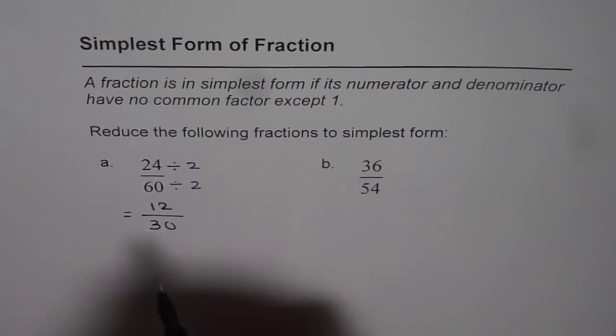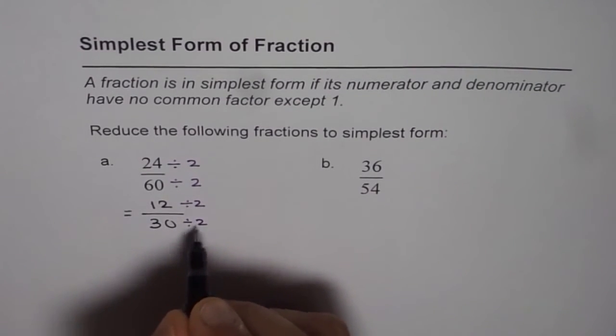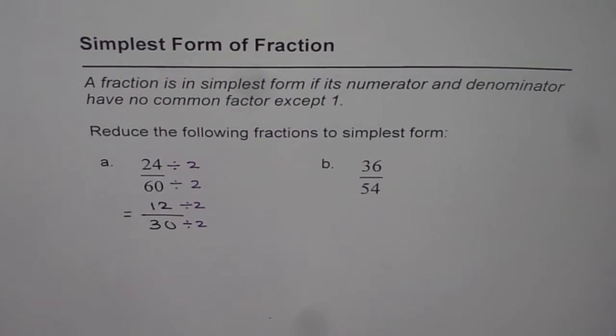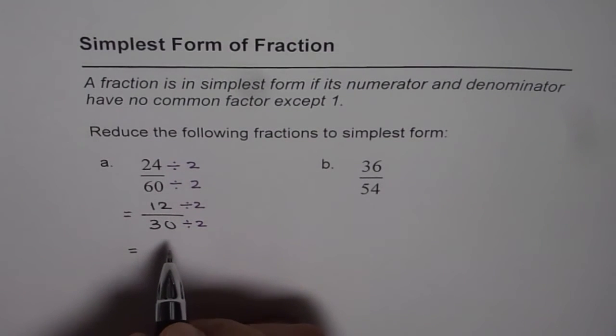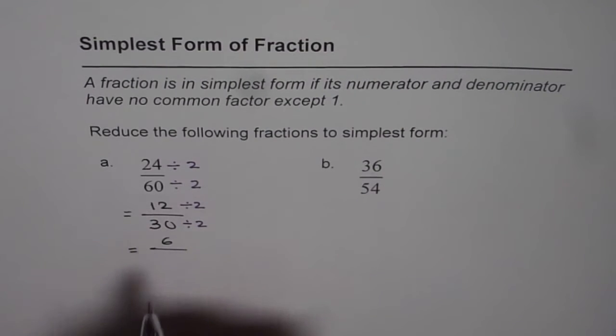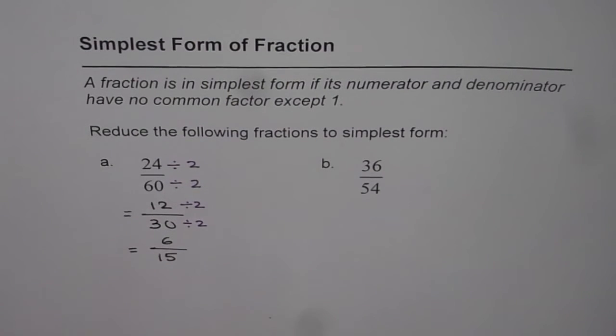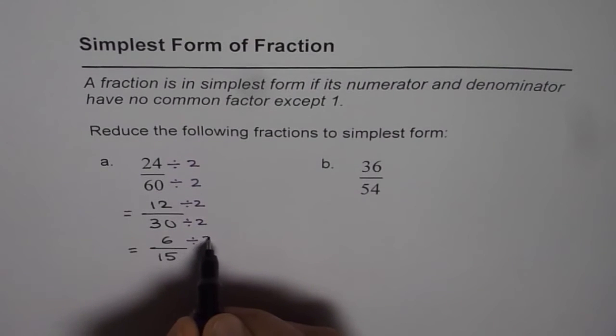Well, it is still an even number. Since it is even, we can further divide them by 2, right? So 2 is definitely a common factor. There are other common factors also, but 2 is definitely one of them. We are going in simple steps. We get 6, half of 12, and half of 30 is 15. Now, do you think there are any more common factors here? Well, 6 and 15 have a common factor, and the factor is 3.